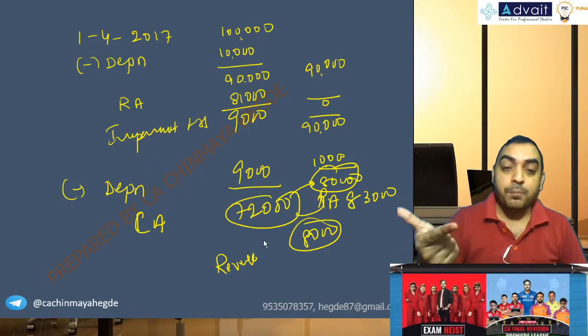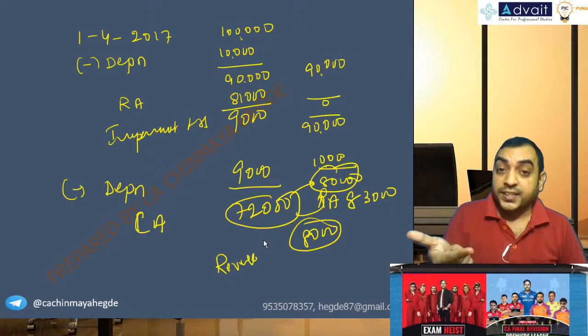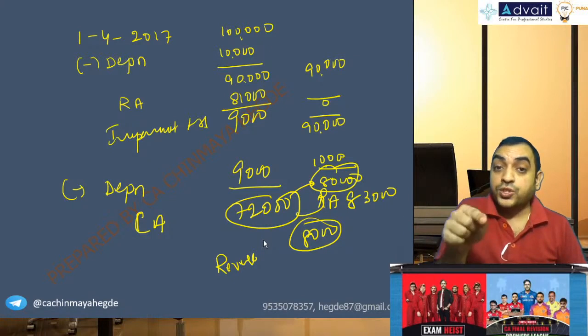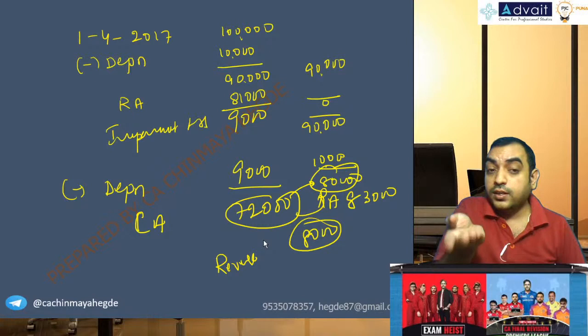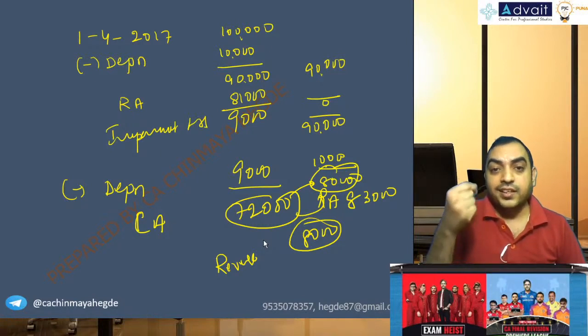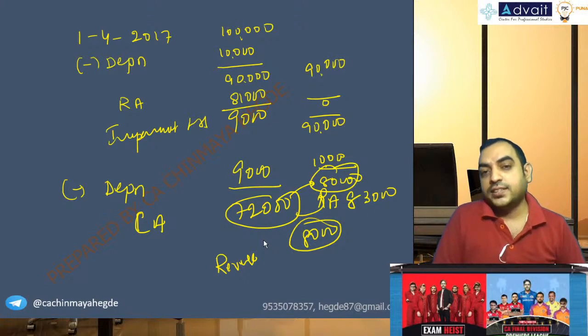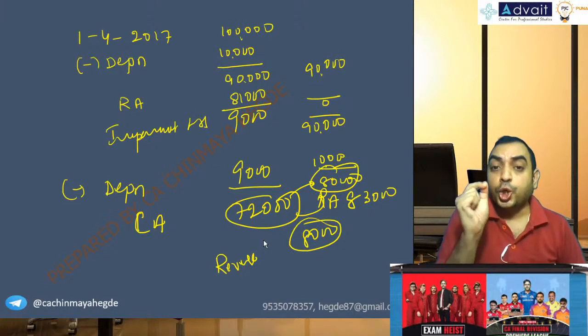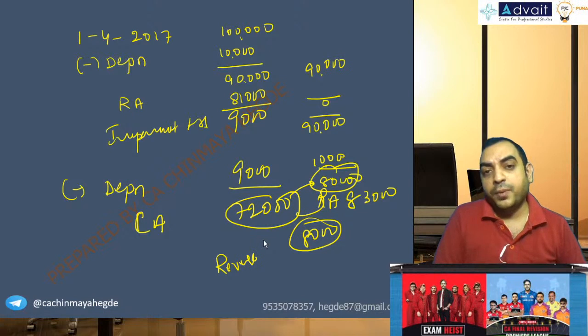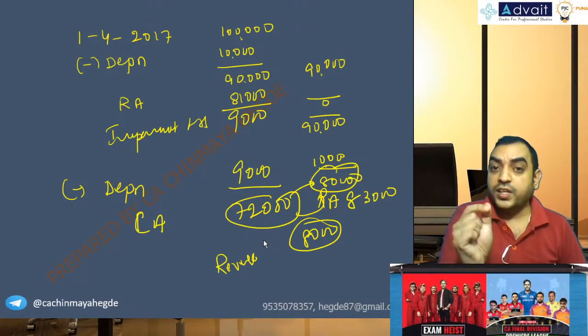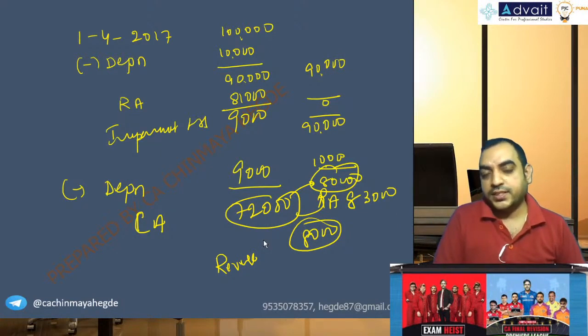Now, if the goodwill has come back, that means you have worked towards it. Therefore, it amounts to internally generated goodwill, which cannot be recognized in general. So Ind AS doesn't permit reversal of impairment of goodwill. Accounting standard permits it.